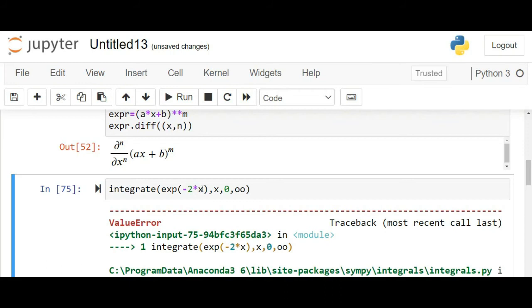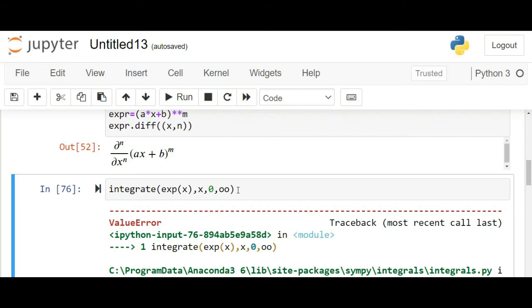And suppose I write e raised to the power x again. So infinity in sympy, actually I am not clear over here how to write the infinity, but I think that this is not working.